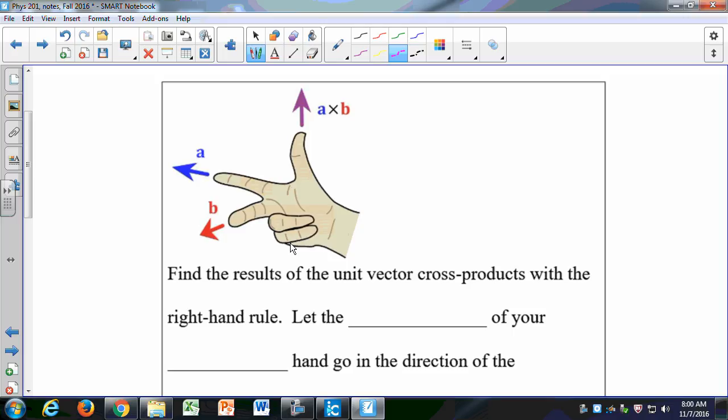If you're in Calc 3, you'll do this in a slightly different way with matrices, and it looks a little fancier. But this is a surefire way to help you determine the direction of A cross B. All right.